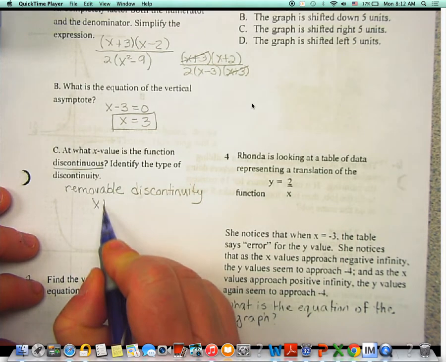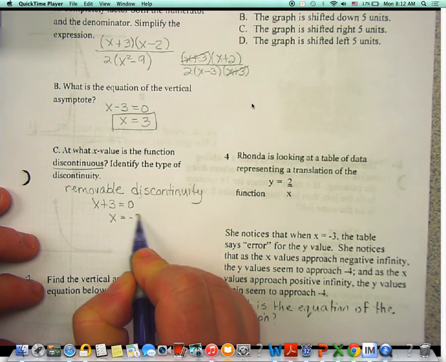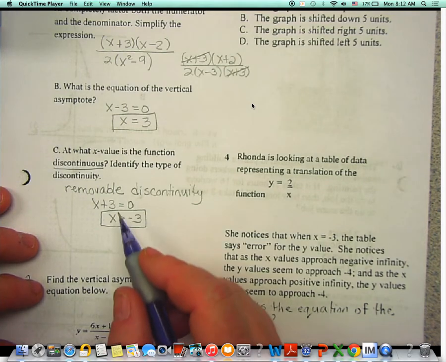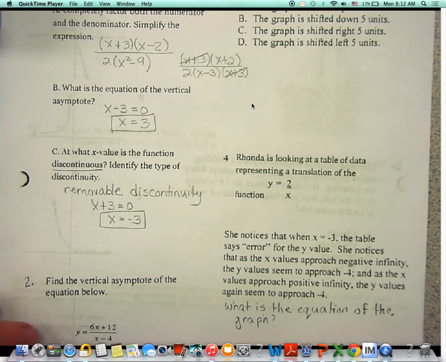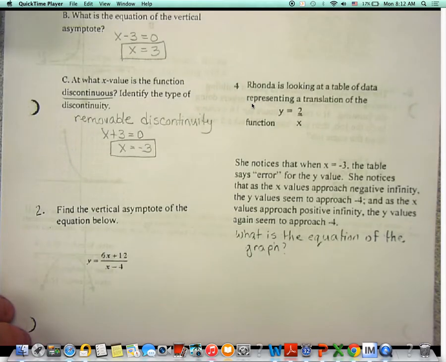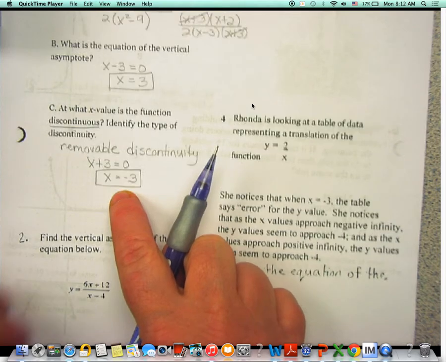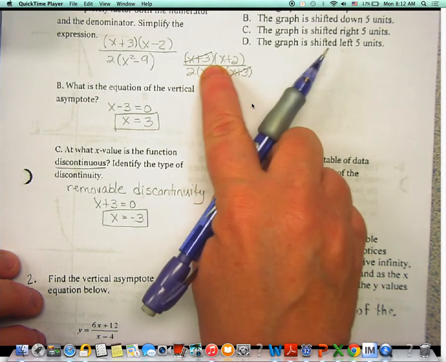X plus 3. So we said x plus 3 equals 0 and x equals negative 3. So if you were to graph this and look on the graph at negative 3, you would see a hole. If you were graphing in your calculator, you would have to have the correct window to see it. And why was this a removable discontinuity? Because it was removed from the equation, from the expression.